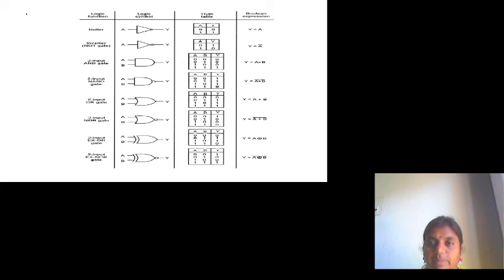So the output Boolean expression can be represented as y is equal to A XOR B. XNOR combination is the complement of XOR combination. So for 0 0 it will be 1, and if inputs are different, the output will be 0, and if inputs are same, output will be 1. So A XOR B whole bar is the Boolean expression for a 2 input XNOR gate.